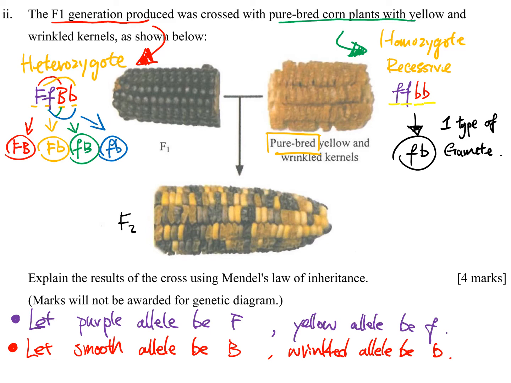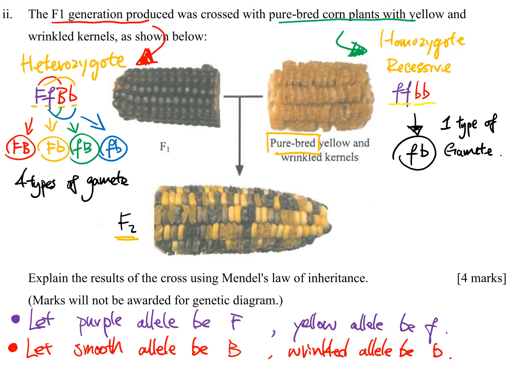And then, after knowing that the heterozygotes give 4 types of gametes, can you explain why for the F2 generation, there will be 4 types of characters coming out? The answer is very straightforward.